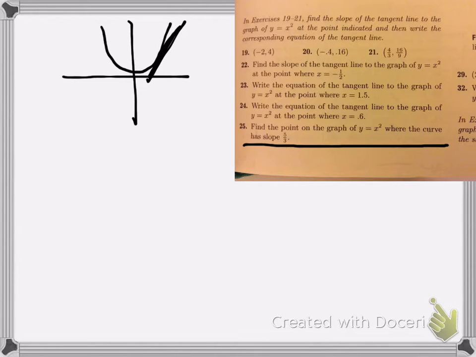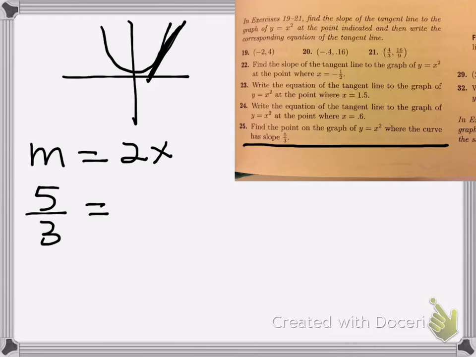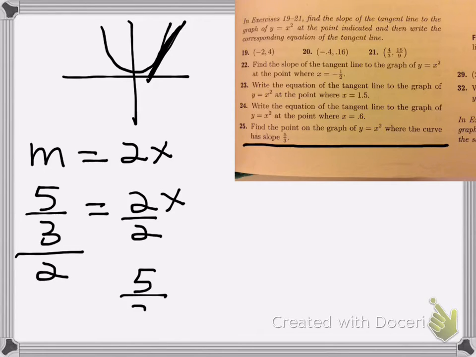So what do I know? They're only looking for the point. What I know is that my slope will always equal 2x. This time I don't know what x is, but I know the slope is 5/3. So 5/3 is going to equal 2x. Divide by 2 on both sides, which is like multiplying by 1/2.